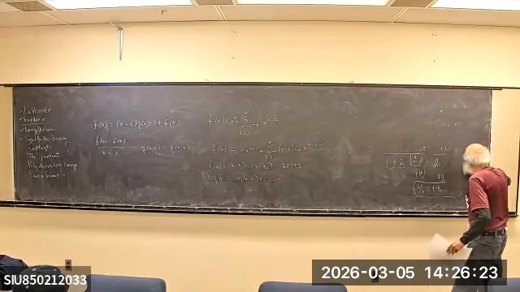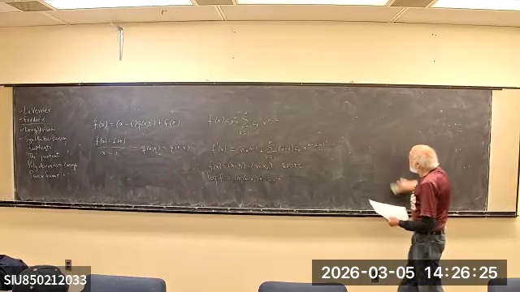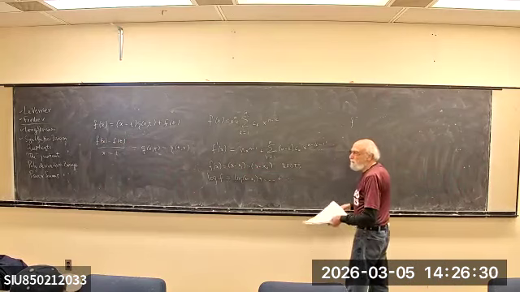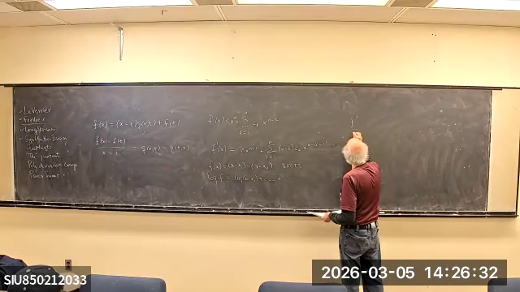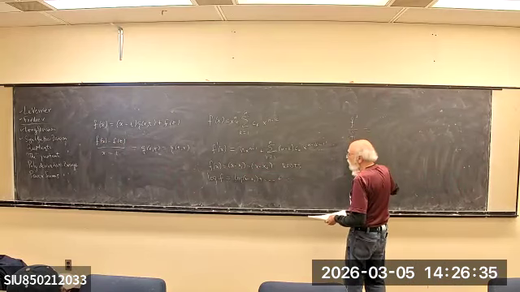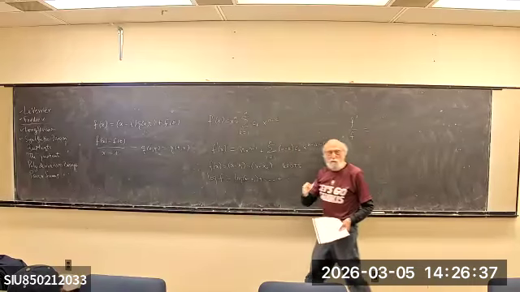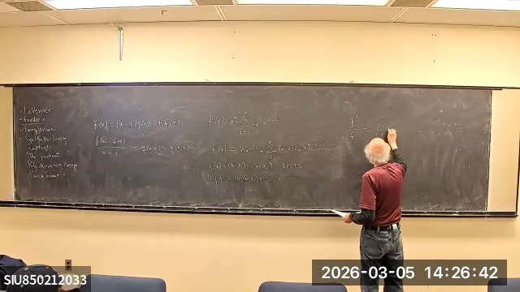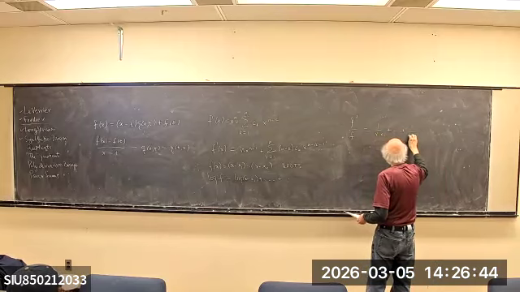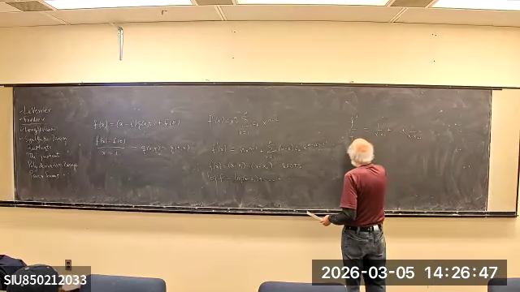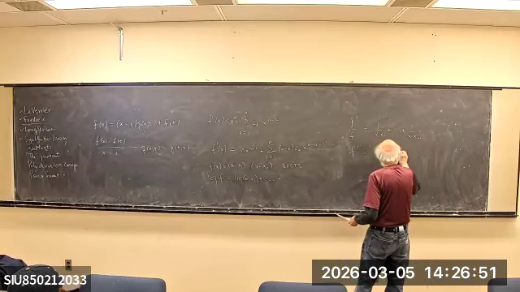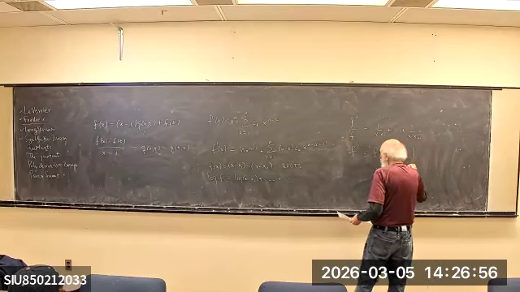The derivative of log f, the natural log here, is f prime over f. When I differentiate this, it's just 1 over x minus x1 plus and so on. It's a really beautiful thing. So f prime is simply f times the sum of 1 over (x minus x_i). Kind of a cool formula.